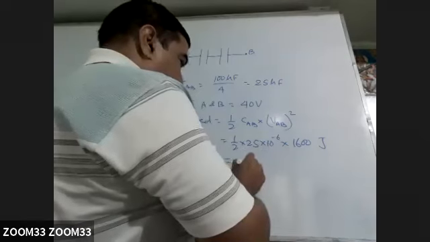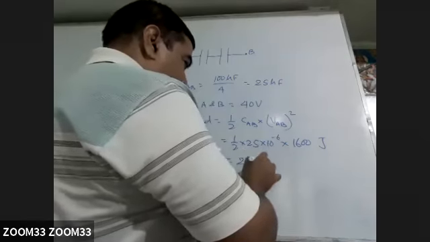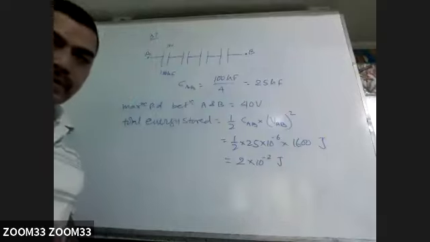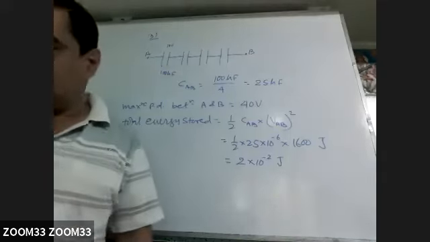So 2 into 10 to the power minus 2. Yes, sir. The answer is 0.020 joule. So 2 into 10 to the power minus 2 joule. So that is when it is connected this way.